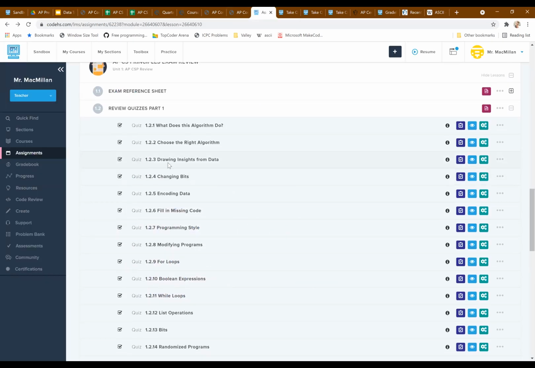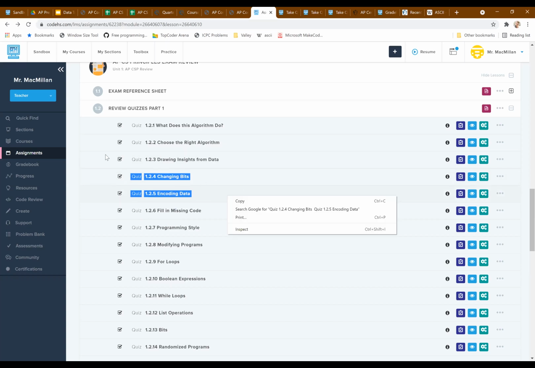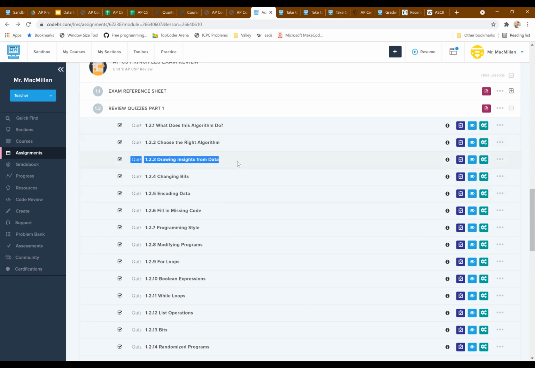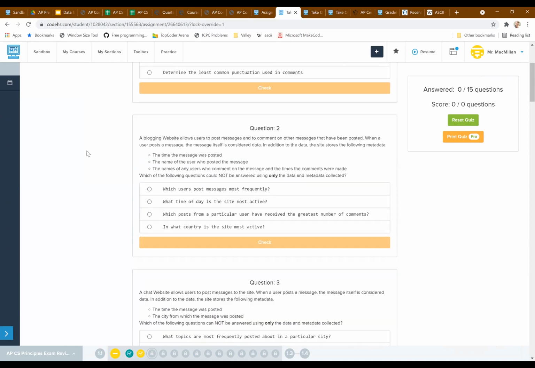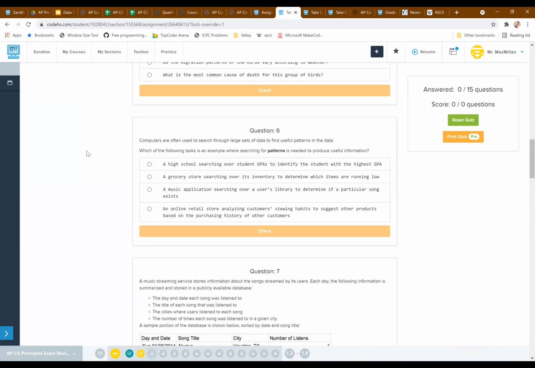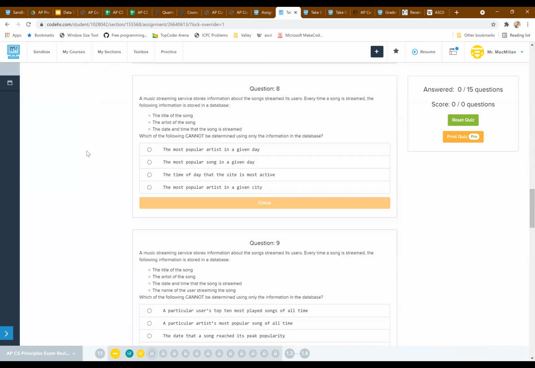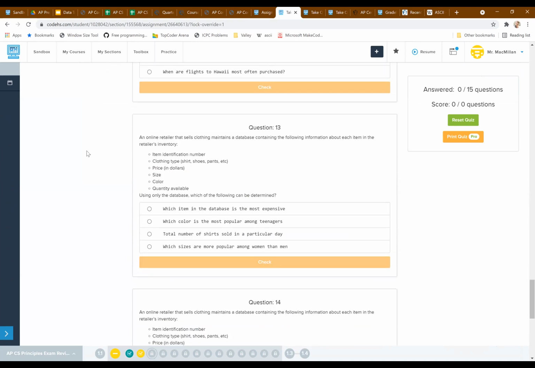We're going to be doing 3 little quizzes: drawing insights from data, changing bits, and encoding data. Those second 2 are only 5 questions long. They're pretty short. Drawing insights from data is the quiz that's asking about how data is being used, how metadata is being used, all that fun stuff.